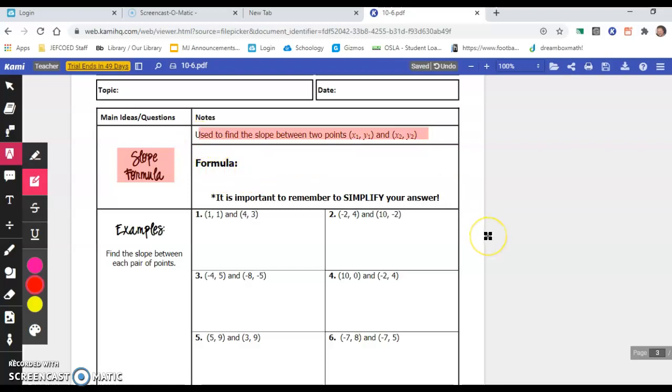So if you have 2 points, guys, on a line, you have an x1 and an x2, and a y1 and a y2. Okay, because you got to have 2 coordinates to have a point. So here you have 4 coordinates because you have 2 points.